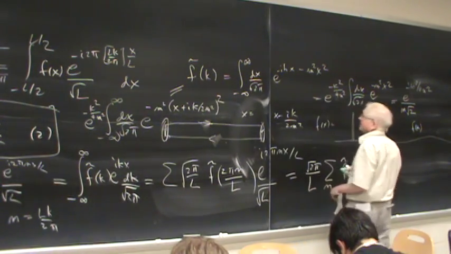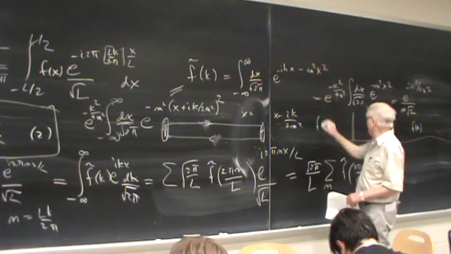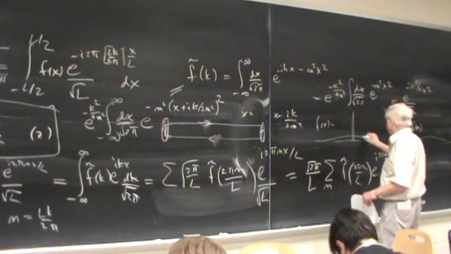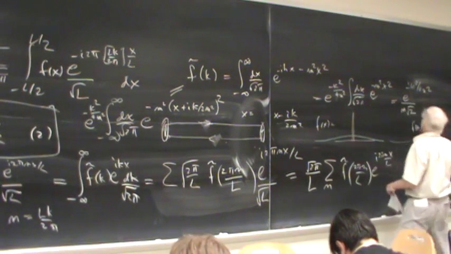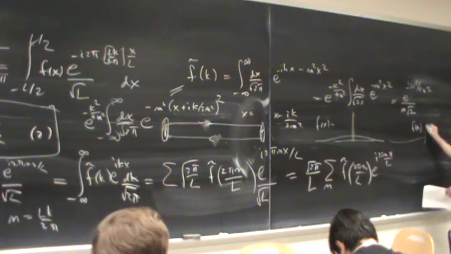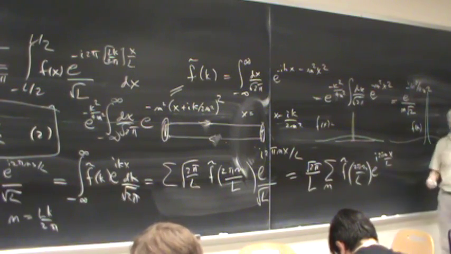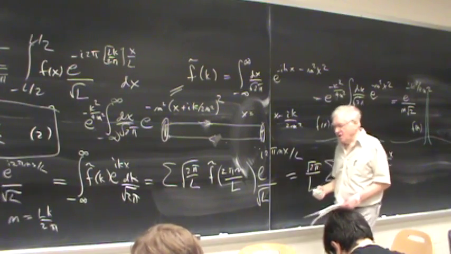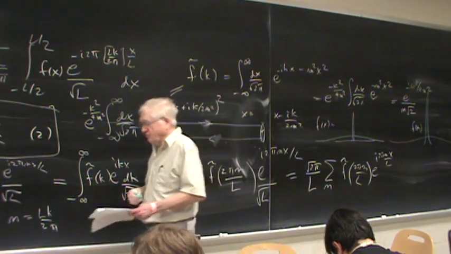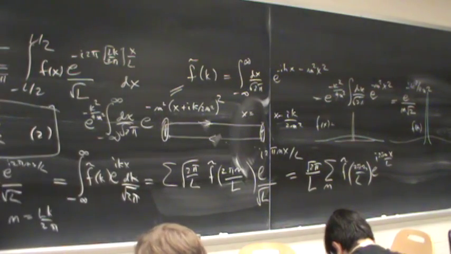If m is small, then the thing looks like this. But on the other hand, if m is small, then this one looks like that. So the Gaussian is such that when you take the Fourier transform, you go from broad to narrow or from narrow to broad.